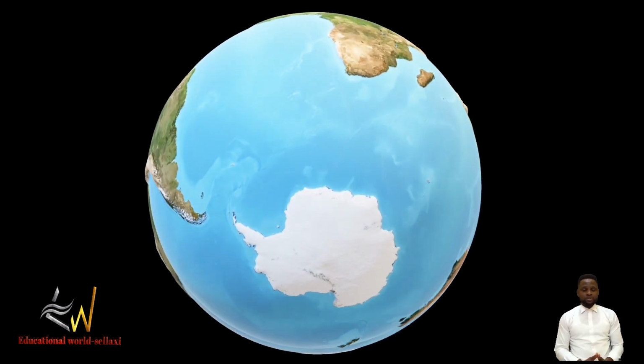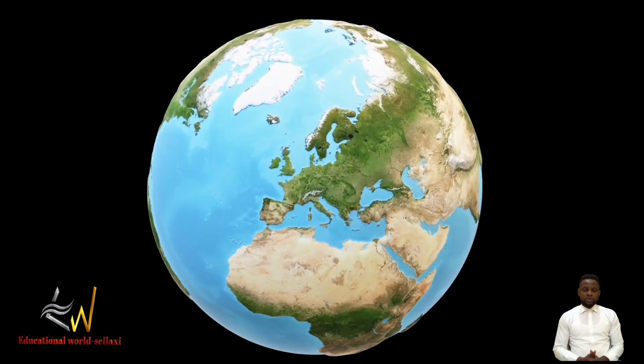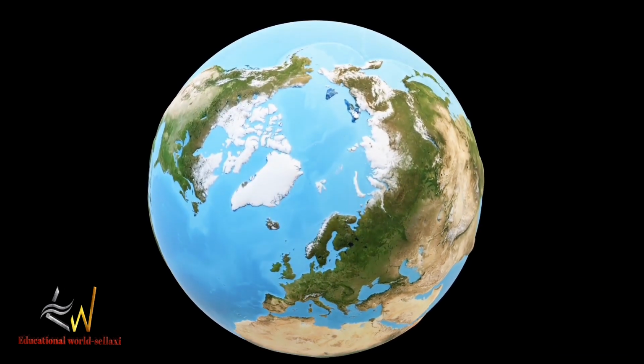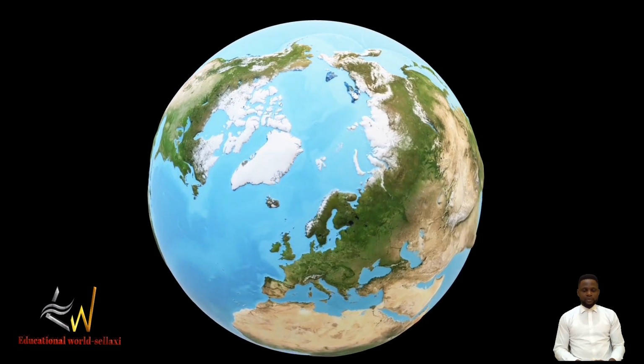So that's the South Pole. Now we are moving back to the equator, and Africa is located around the equator. Now we are moving to the North Pole. So that's the picture of the North Pole, how the North Pole is.